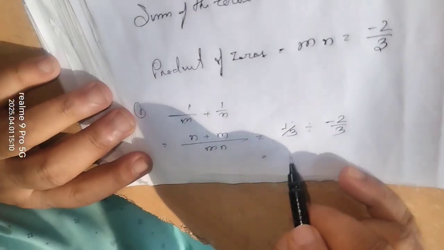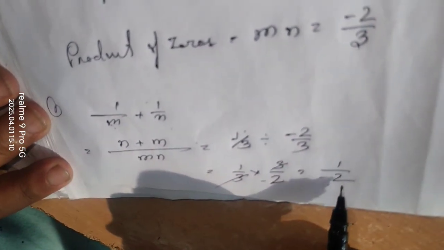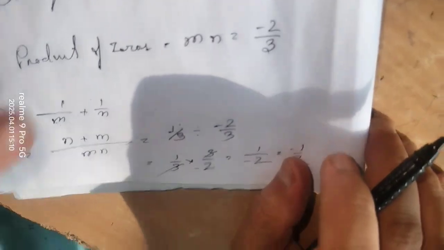So we write 1 by 3 into 3 by 2. The 3 cancels, so we get 1 by negative 2. The value of 1 by m plus 1 by n is equal to negative 1 by 2.